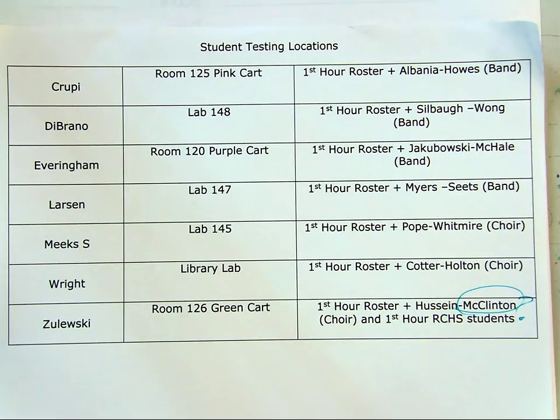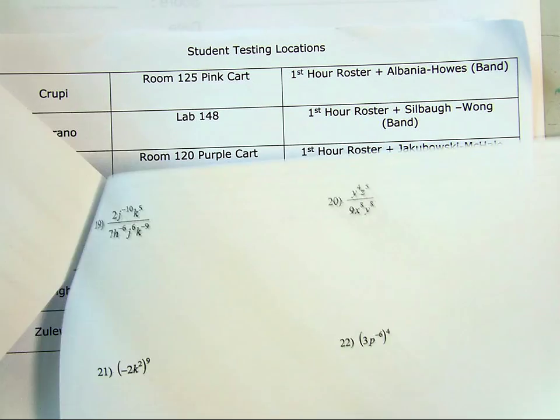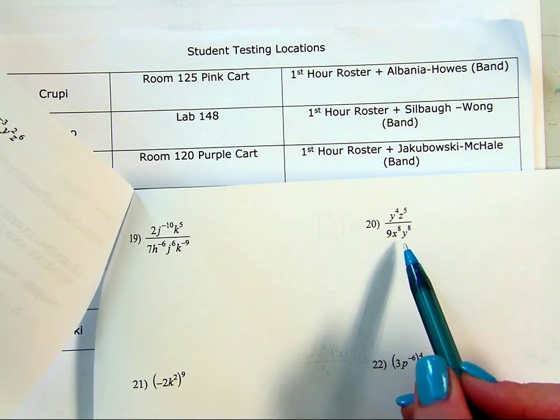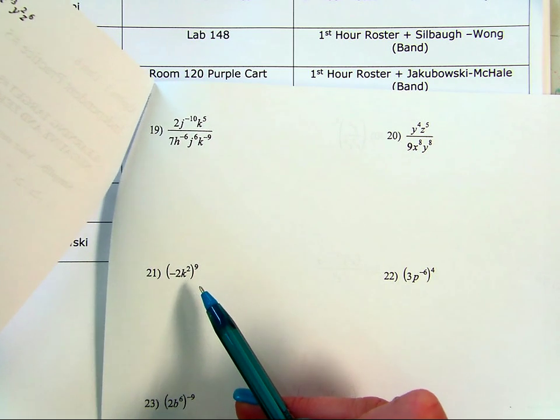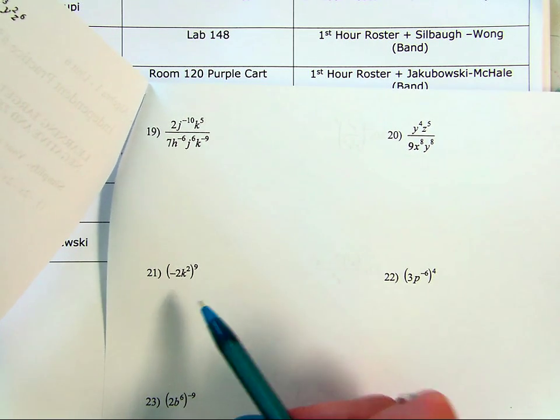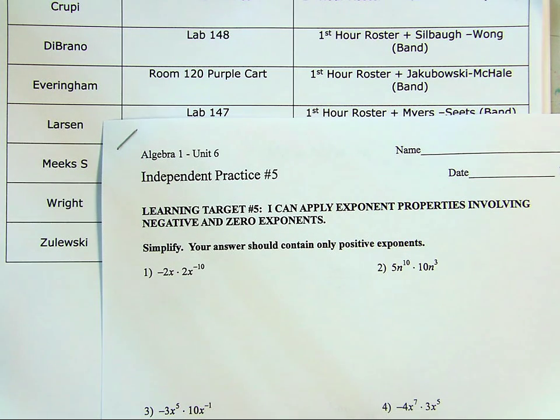There's 10 multiplication ones and 10 division ones. So look what happens when you get to number 21. Power of a power. I didn't talk about that yet today. That is the big one. So we're going to do that tomorrow. So go ahead and just go 1 through 20. Thank you for asking, Josh. Yeah, there's a couple twists with it.